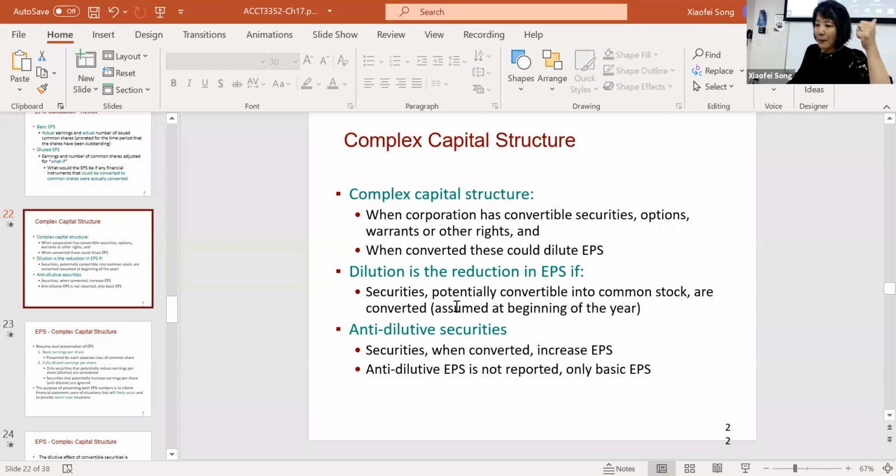If that happens, we say the security is anti-dilutive, and it should be excluded. Only if a potentially dilutive security is actually dilutive do we include it.